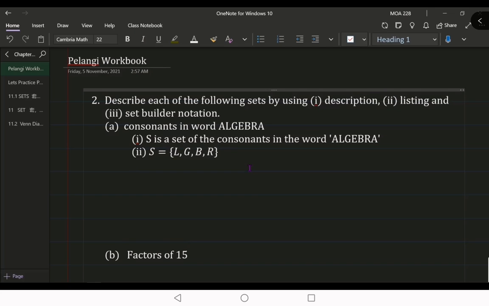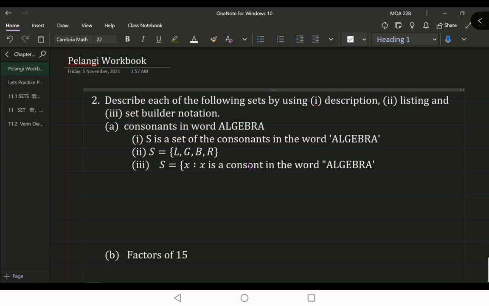So number 3 is a set builder notation. Okay, so we are going to describe S. You need to say something like this: S is a set of x, with x is a consonant in the word algebra.